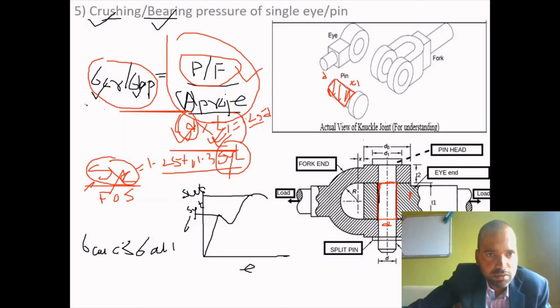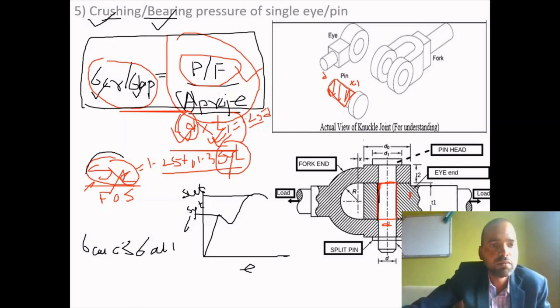In this case, calculated stress is from this equation, allowable from this equation. Allowable we have calculated on the basis of SYT. That means to have the safety of the design, allowable stress has to be greater than the calculated stress. If calculated stress goes beyond allowable stress, from the stress-strain diagram we know that the component will fail after reaching this breaking point.